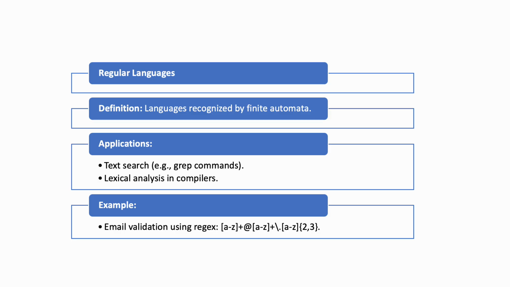The key idea is that if you can define the rules clearly, a machine can use them to quickly check whether any given input is valid or not.